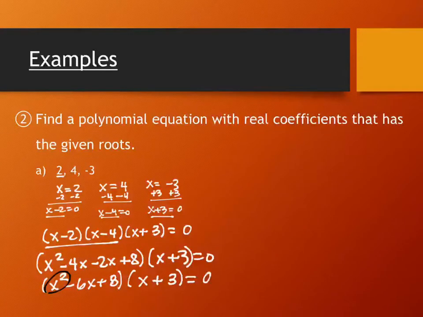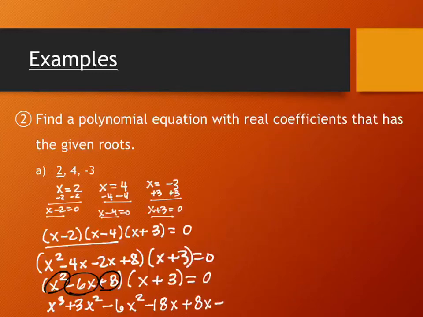So x squared times x is x cubed. X squared times 3 is 3x squared, sorry. Then we go on to the negative 6. Negative 6x times x is negative 6x squared. Negative 6x times 3 is negative 18x. And with 8, 8 times x is 8x, and 8 times 3 is 24.